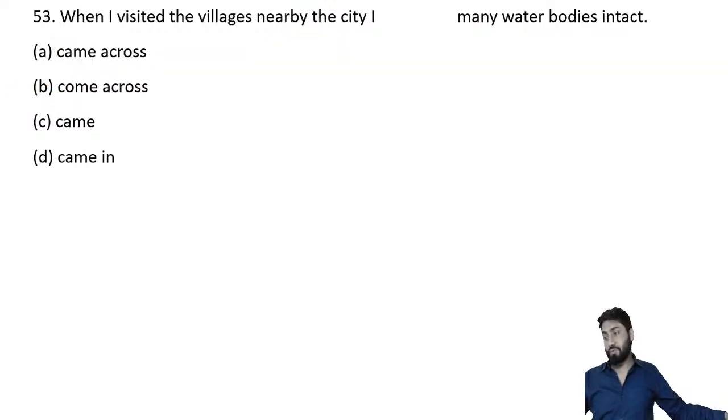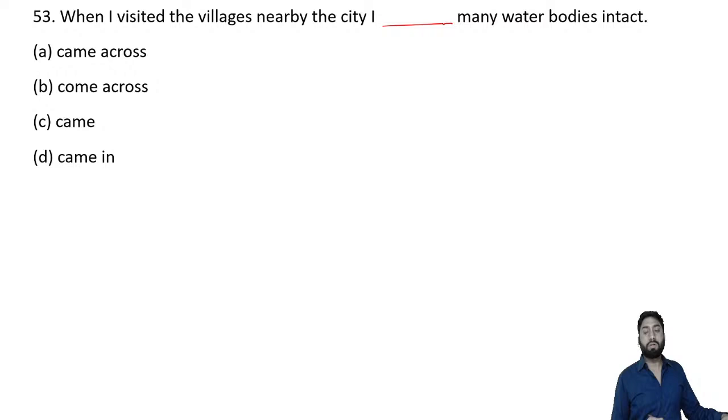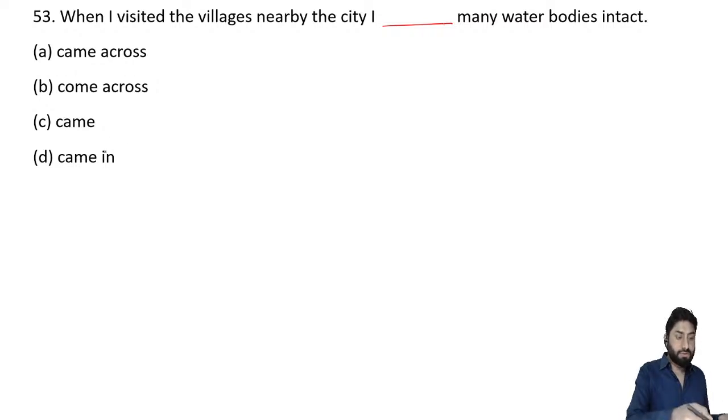Next, 52. When I visited the villages nearby the city, I many water bodies intact, right? So in this one you see, you have verb, we have phrasal verbs. You know that phrasal verbs, how that works. That's not a big deal anyway, right?